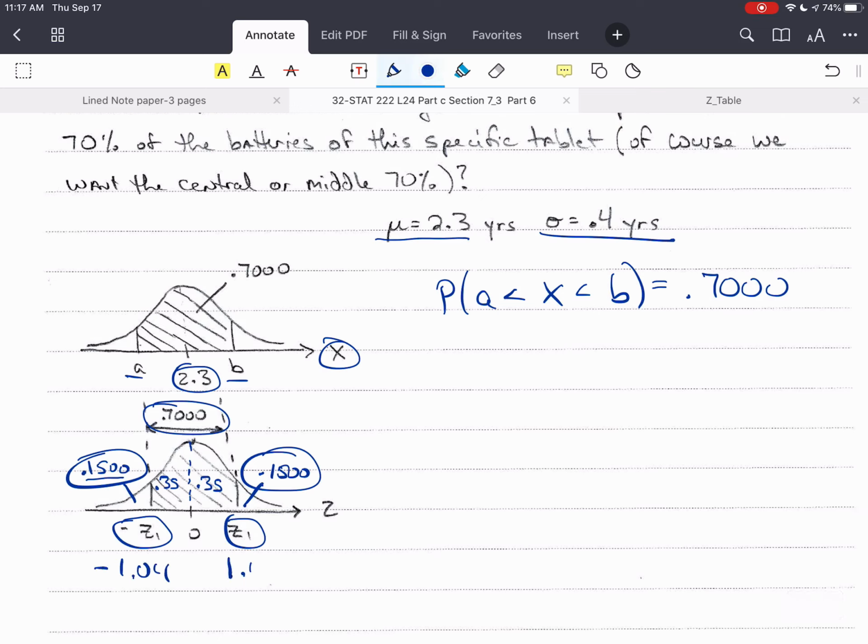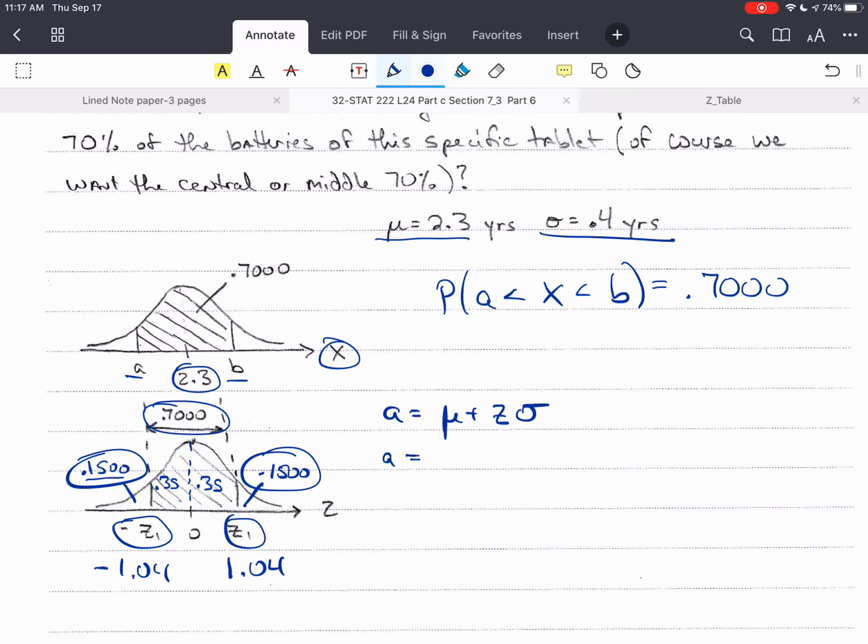This is going to be a positive 1.04. Again, they have to be the equal distance away from the mean. And so now with that, I can find A and B. And so A is going to be mu plus Z sigma. But Z here is Z1.